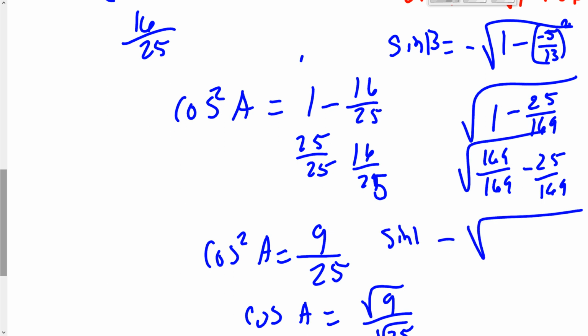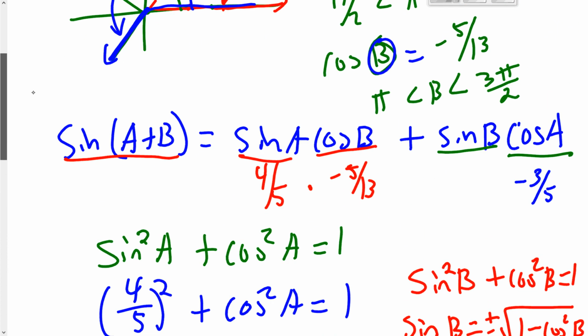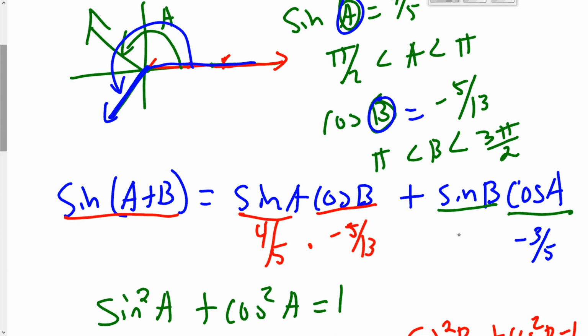So sine of B is going to be negative square root of 144 over 169, and the square root of 169 is 13, so negative 12 over 13. So we can come back, negative 12 over 13.